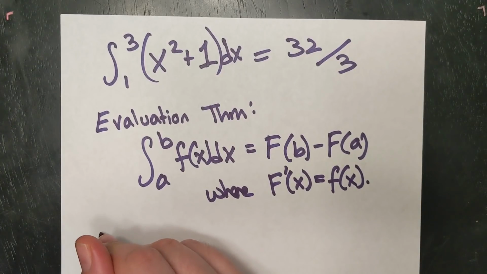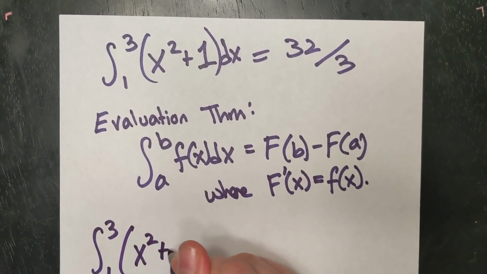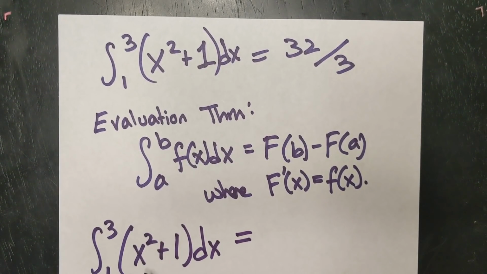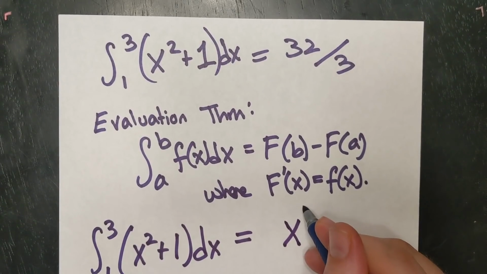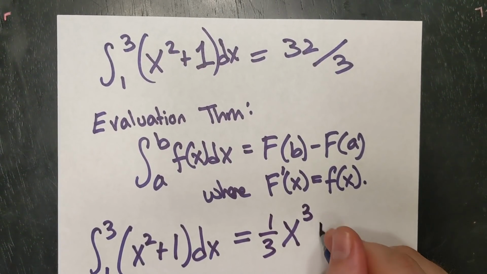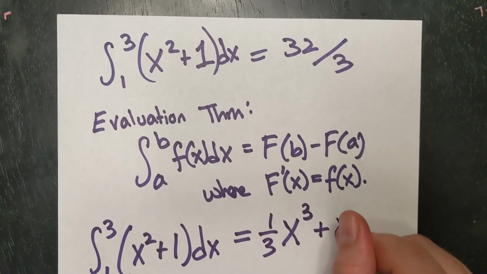According to the evaluation theorem, the integral from 1 to 3 of x squared plus 1 dx, well, first you find the antiderivative. So now you're going to increase the power. Instead of decreasing it when you take the derivative, you increase it and take the antiderivative. And then you put the reciprocal in front. Plus 1 increases up to an x.